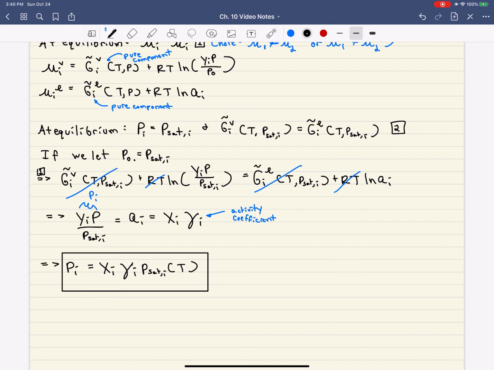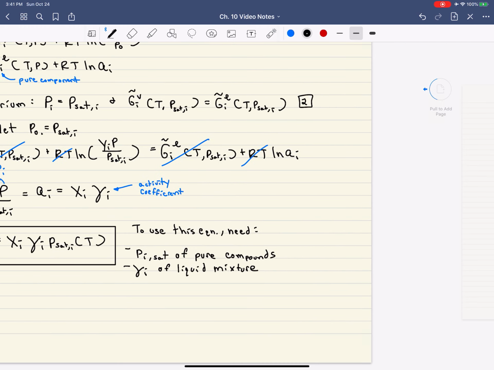In order to use this equation, what you need are the vapor pressures of the pure compounds, and you also need some way to calculate the activity coefficient of the liquid mixture. Okay.